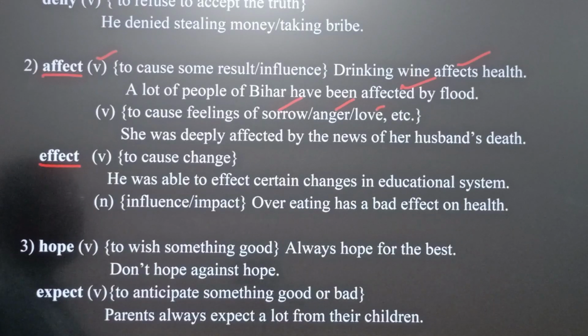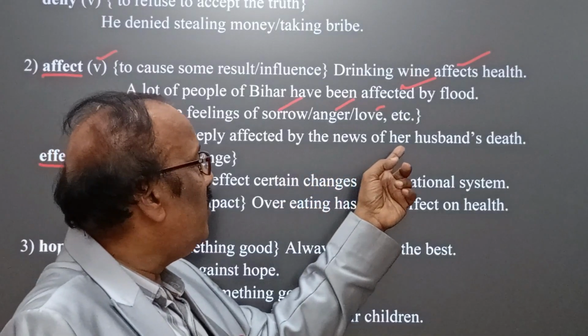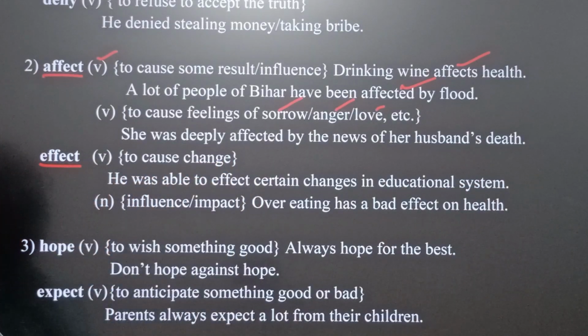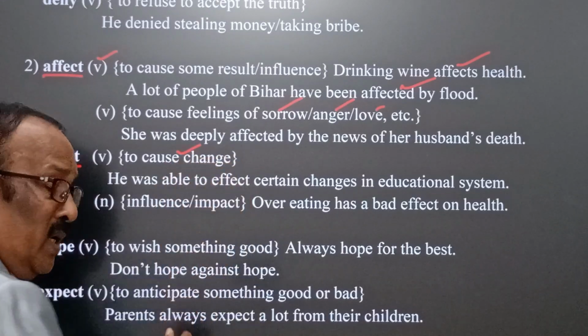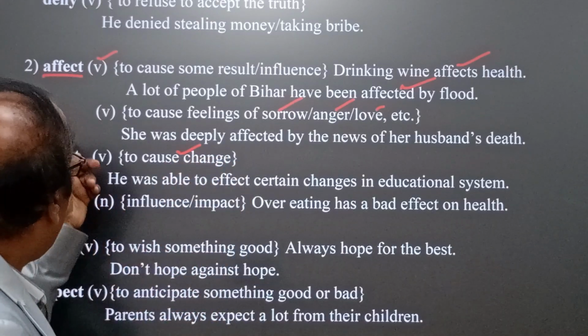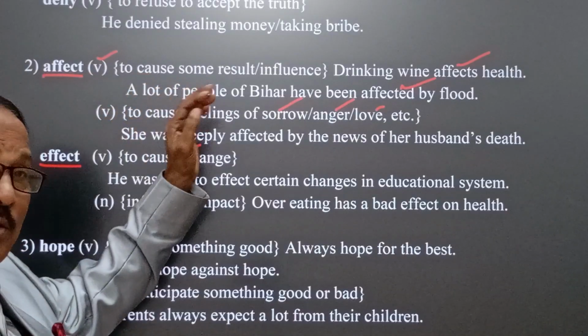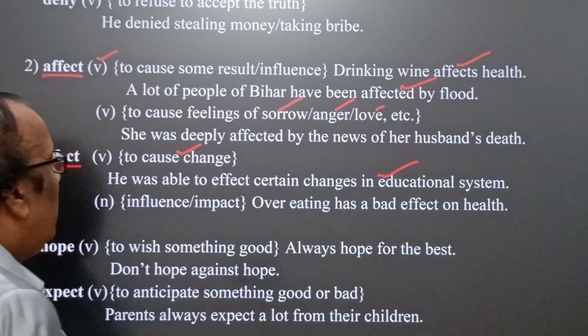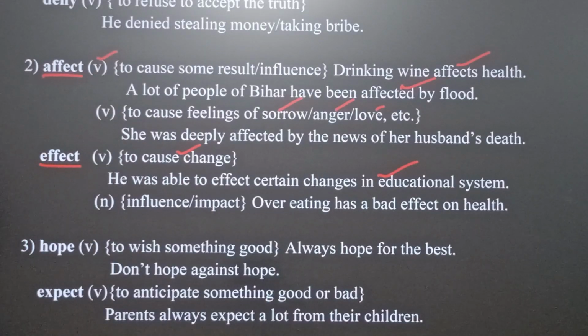She was deeply affected by the news of her husband's death. Next comes effect, to cause change. To cause change, it means whenever affect is to cause some result, here we find some change. How? See, he was able to effect certain changes in the educational system.